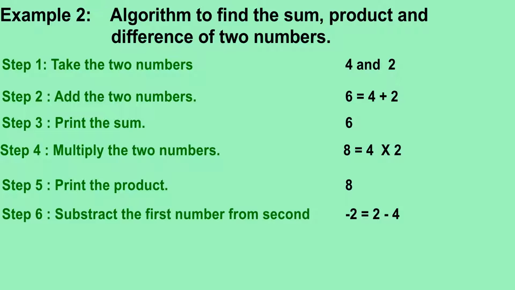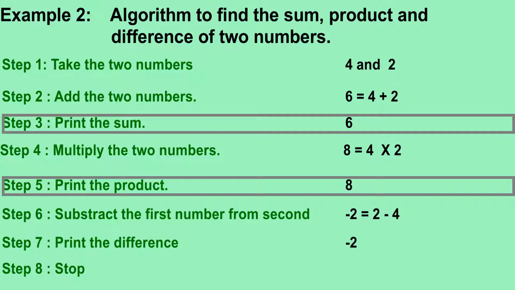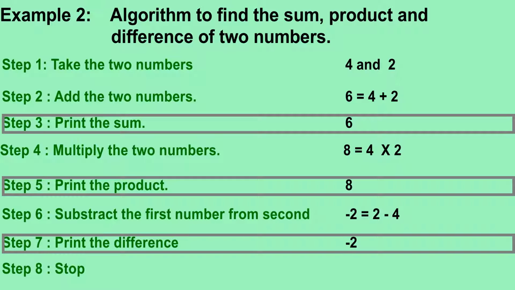Step 6. Subtract the first number from second. Step 7. Print the difference. Step 8. Stop. In this algorithm, we have 8 instructions and our specific task is to find the sum, product and difference of two numbers.